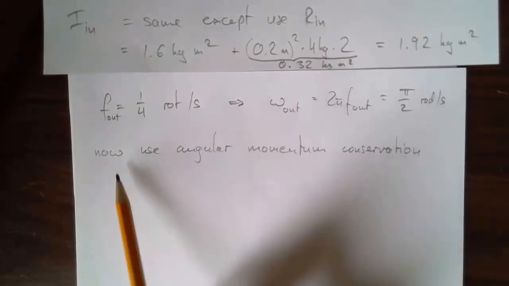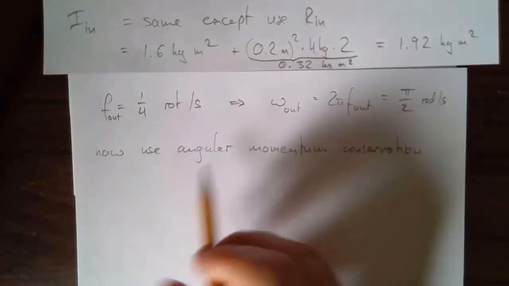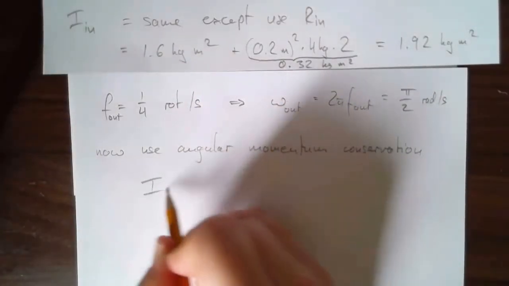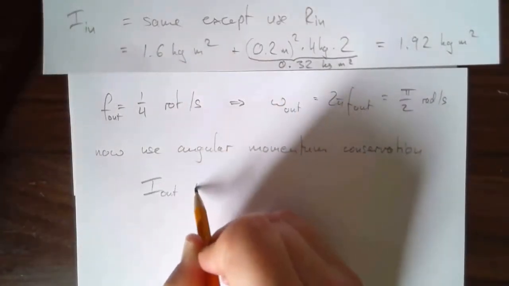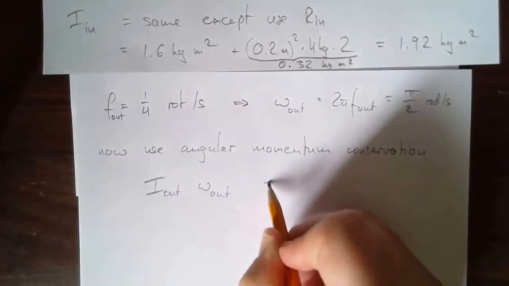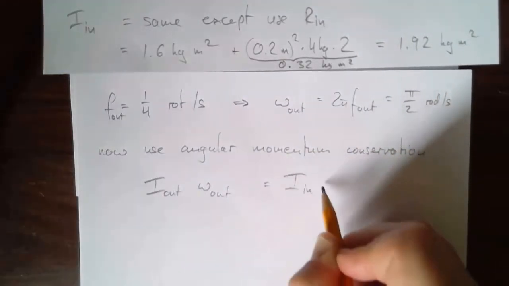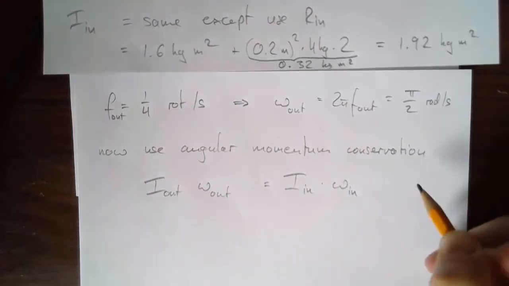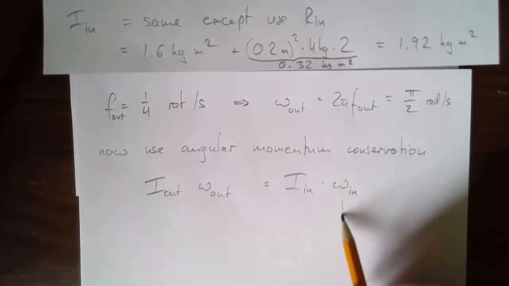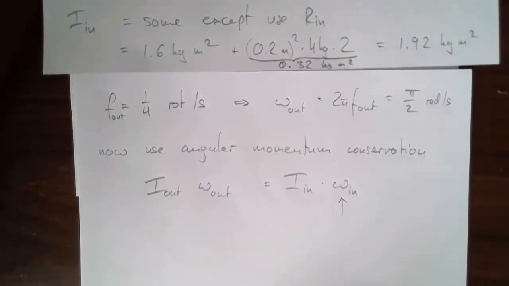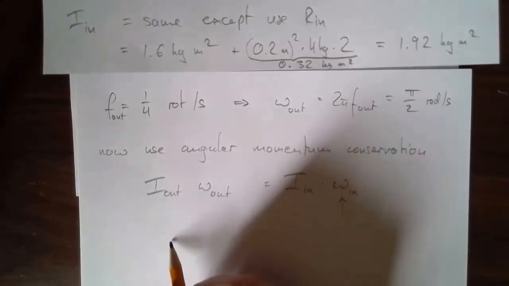Same thing here. So we're going to use angular momentum conservation, and that says that I out times omega out is I in times omega in. Now we want to find this one here. How fast am I spinning when I'm pulling in the weights?